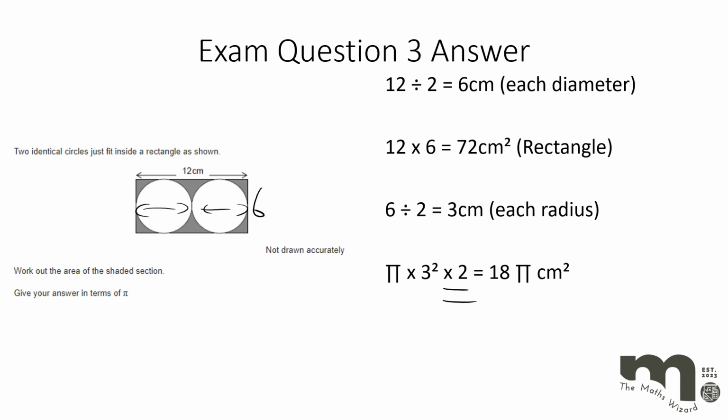But because we want it in terms of pi, we just have to write 72 subtract 18 pi centimeters squared, and that is all we can do if we are doing it in terms of pi. If we wanted to know the exact value, we would do 18 times pi and subtract that from 72.